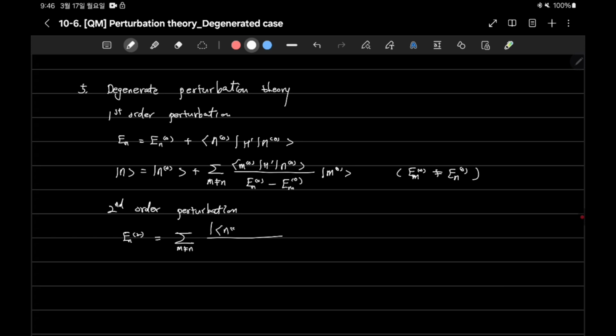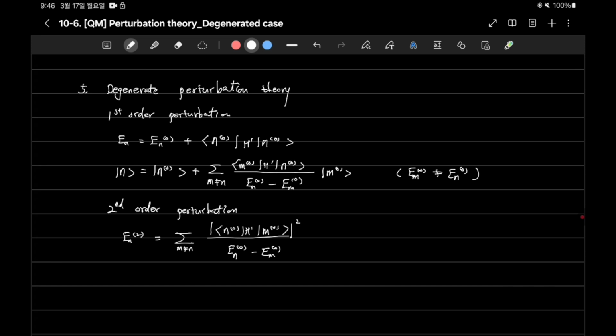It is the absolute value squared of n0, H prime, m0, over En0 minus Em0 here. So in this case, the numerator should not be equal to 0.